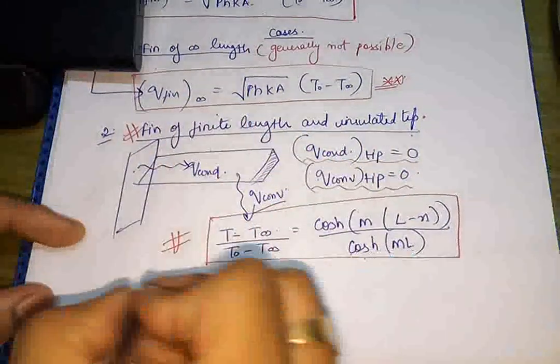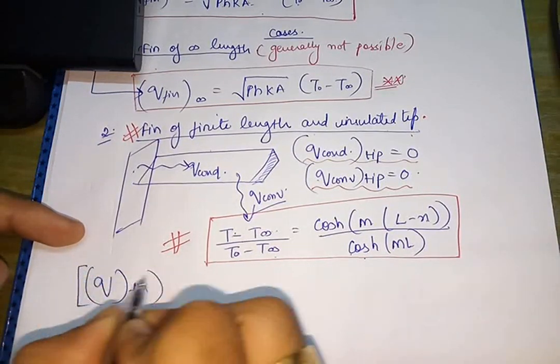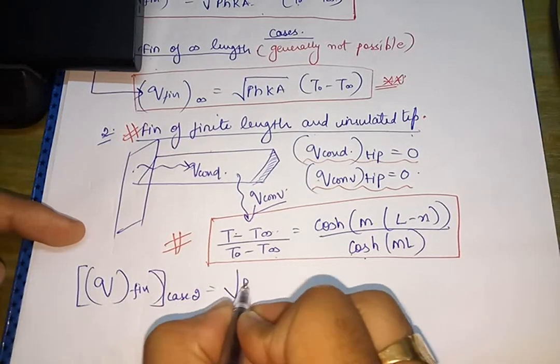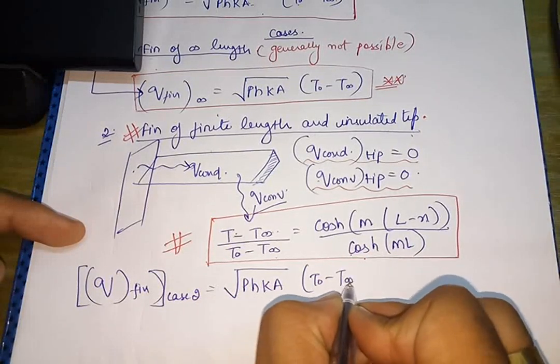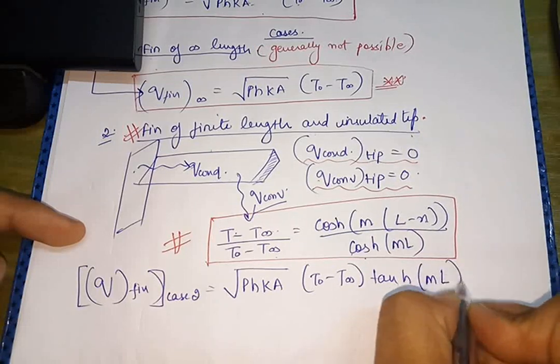at the tip. If I wish to write down the Q through this fin for case 2, it will be under root hPkA times (T naught minus T infinity) tanh mL.